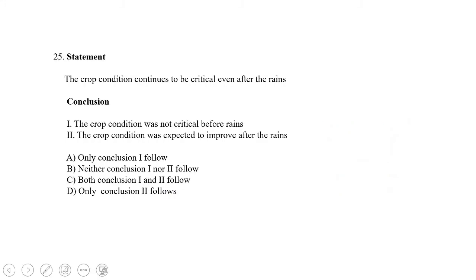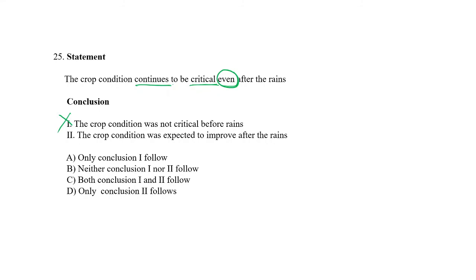25th question. The crop condition continues to be critical even after the rains. This is not a syllogisms question, general statement and conclusions. And see here in the statement, the crop condition continues to be critical even after the rains. Means before rains, the crop condition was critical. That is true. But here was not critical is false.